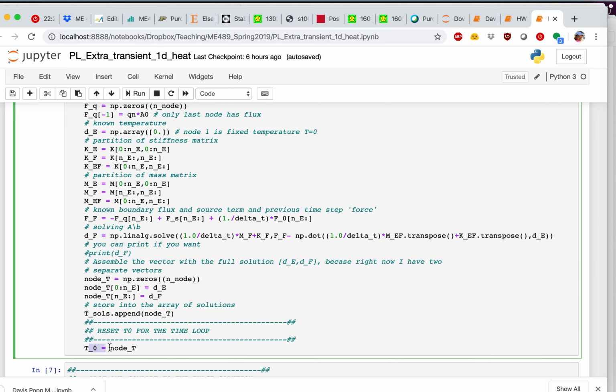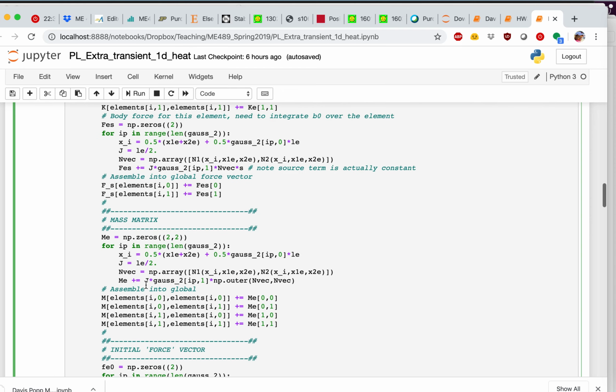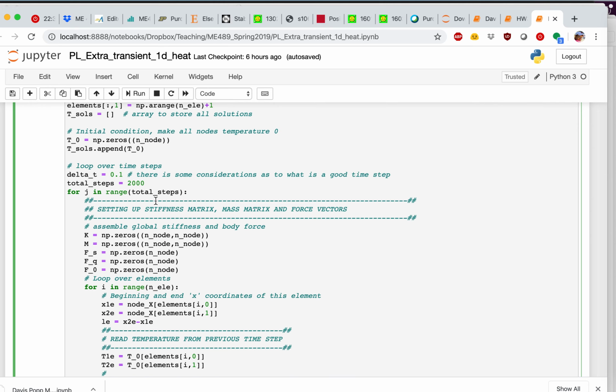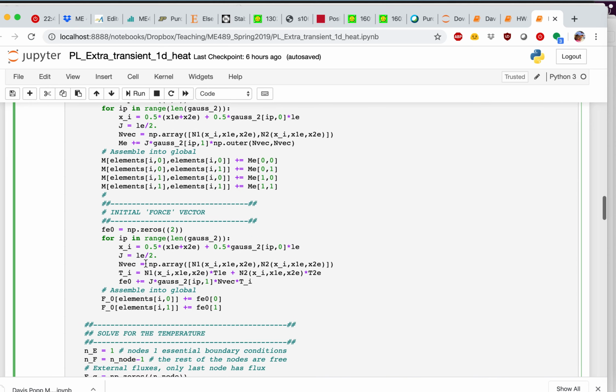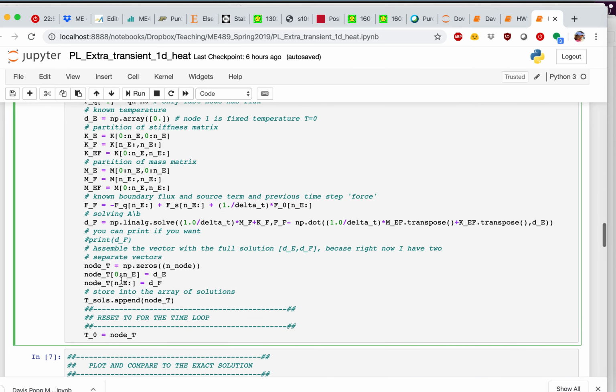So I make T0 node T. So that when I go back to the loop and go back to this step, what I'm gonna have in T0 is gonna be the next time step. Does that make sense? So as you loop over this, T0 will be updated with the next time step temperature. So that's why I need this. After I solve, I need to reset for the next time step.